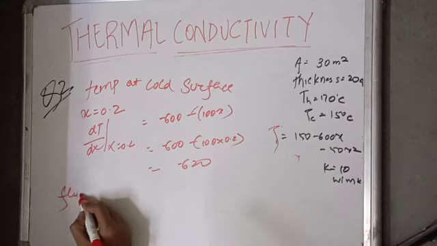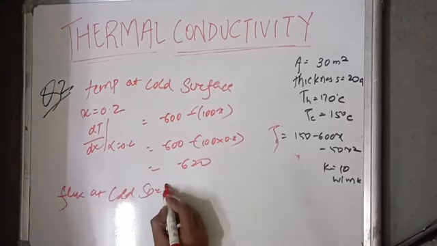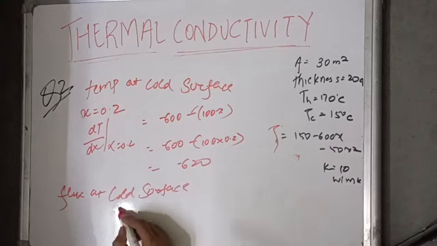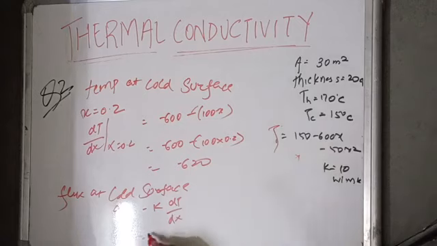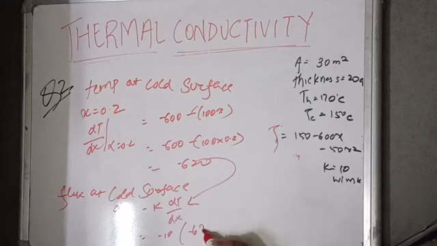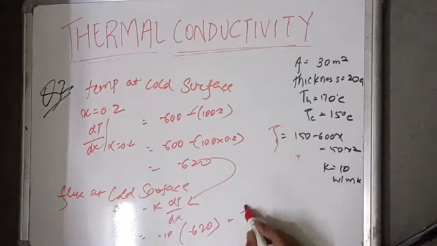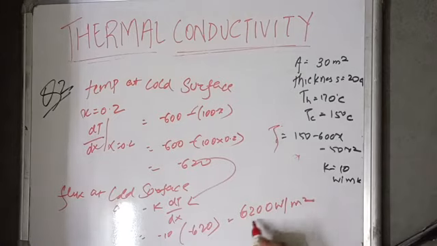Flux at cold surface is minus k dT by dx. We know the value of k is 10. We just put this value and got 6200 watt per meter square flux at cold surface.